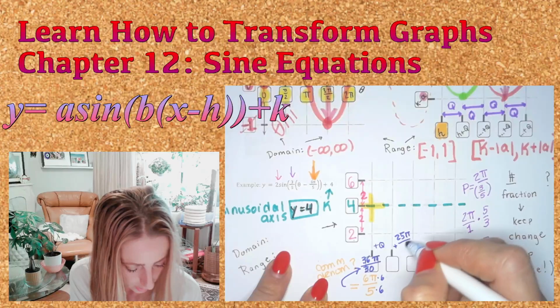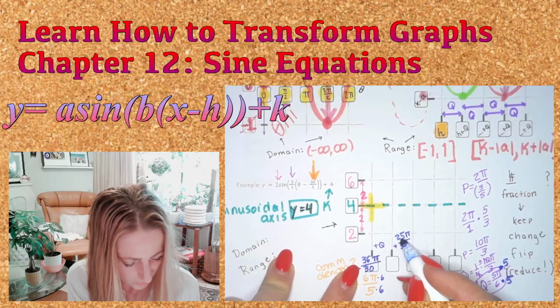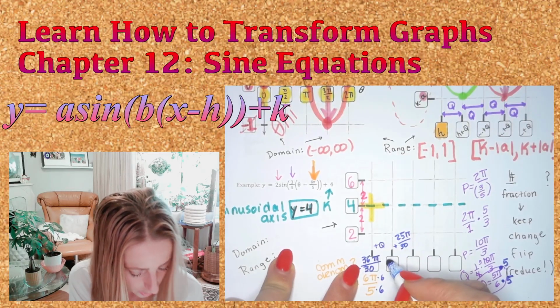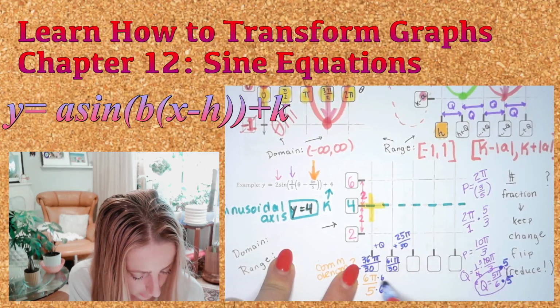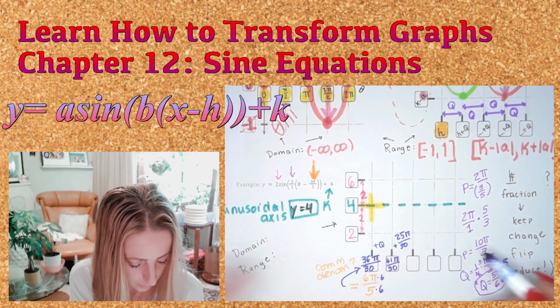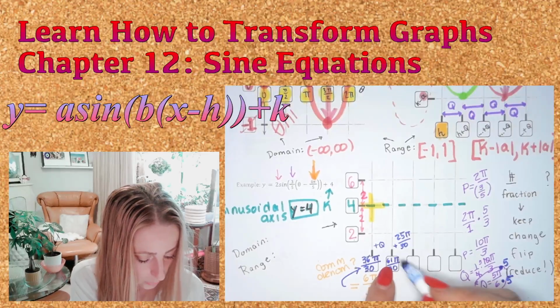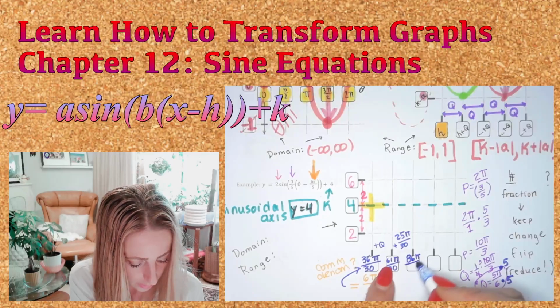25 pi over 30. So 36, 46, 56, and 5 more: 61 pi over 30. Again, 61 plus 25, the denominator stays the same, hence finding a common denominator. 61, 71, 81, 5 more, 86 pi over 30.